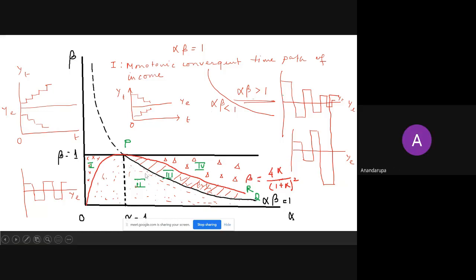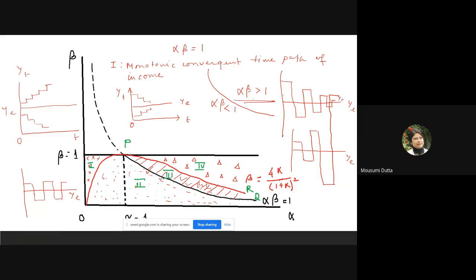Yes, ma'am. Look at this black line. Alpha into beta is equal to 1. We are considering the condition. We path along this line.